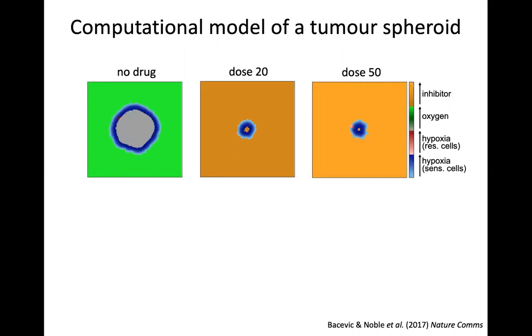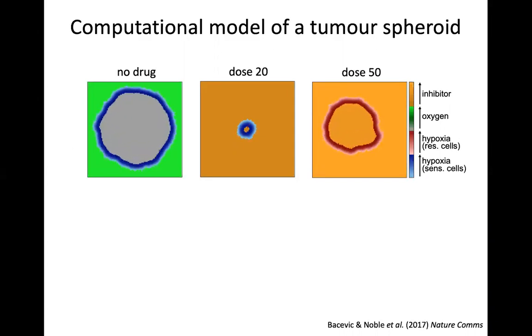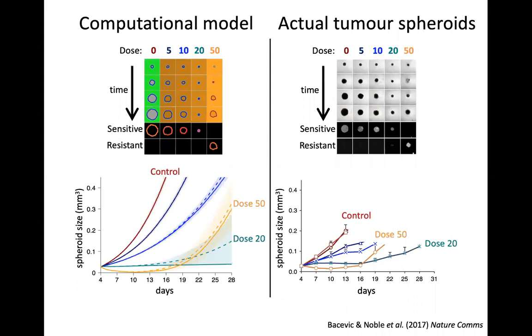Now, that's all very nice in a computational model, but did the spheroids actually go the same way? And the nice result is that indeed they did. Here we see the results of the computational model on the left and the actual tumor spheroids on the right. Those growth curves on the right are cut off because we can only grow these spheroids to a certain size, so I cut them off before density dependence starts to kick in.